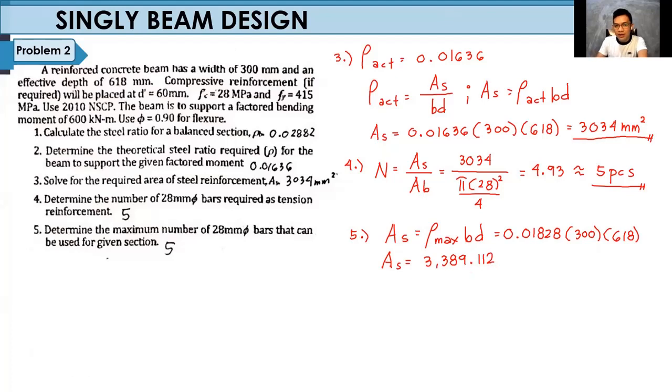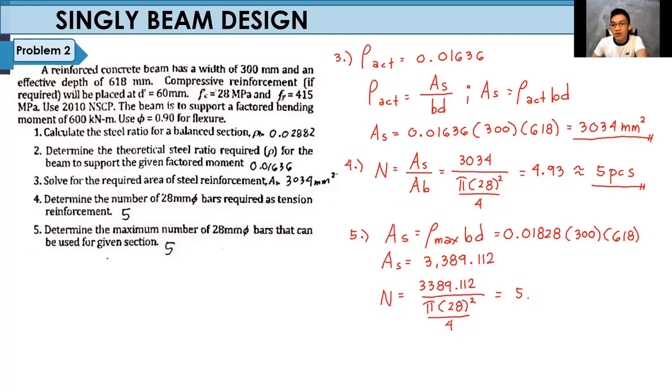So, therefore, gagawin natin number of bars. AS natin is 3,389.112 divided by yung ating area ng 1 bar. Ayan siya. So, based on our calculator, the answer is equivalent to 5.5 pieces.